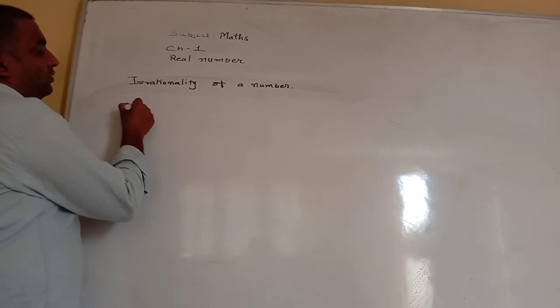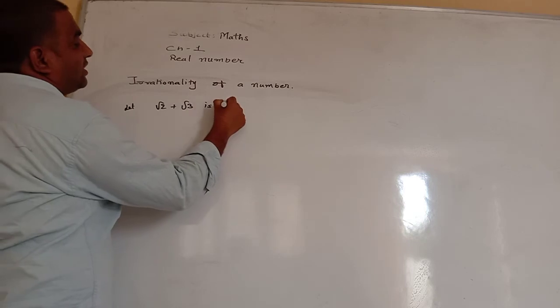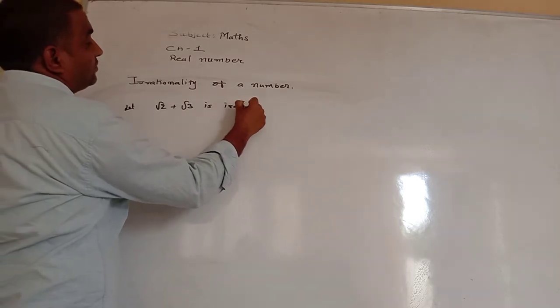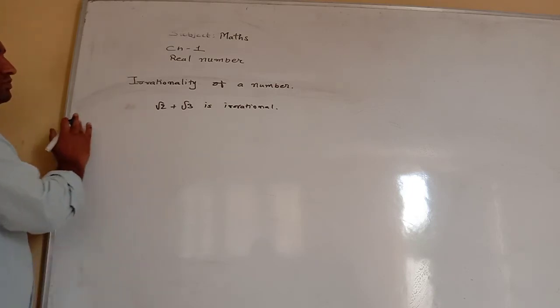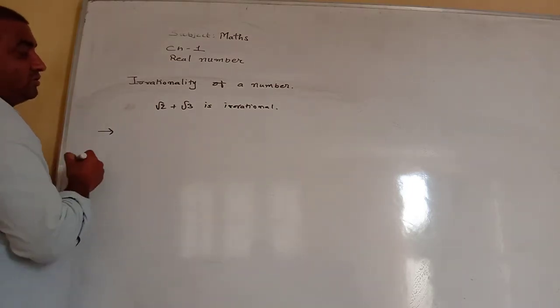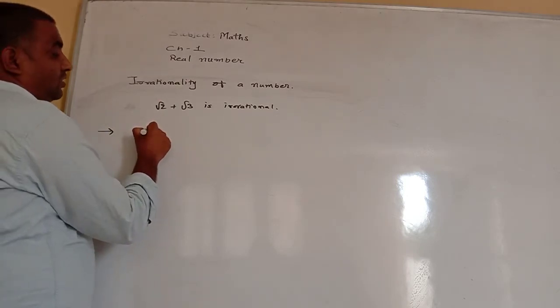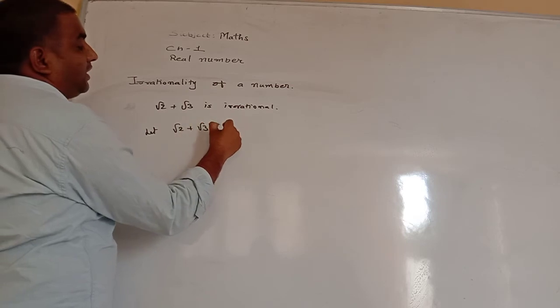Let me prove root 2 plus root 3 is irrational. So let root 2 plus root 3 be rational.